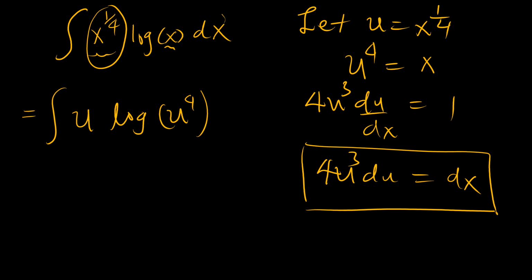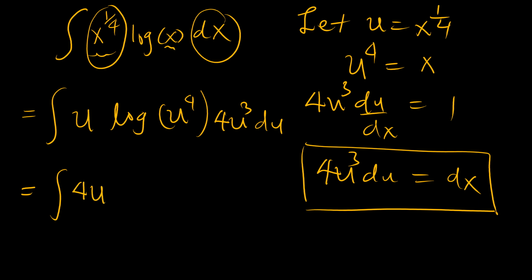In place of dx, we have 4u cubed du. And that means that now we do have 4u to the power 4, because we are combining this and that, natural logarithm of u du.